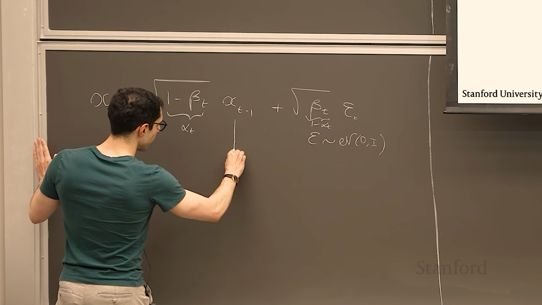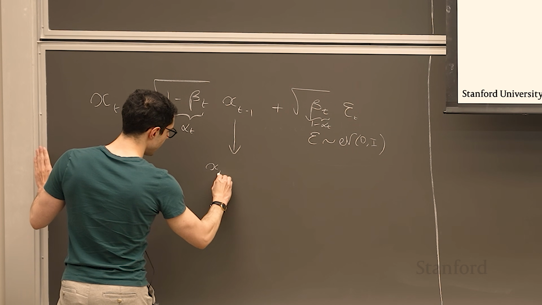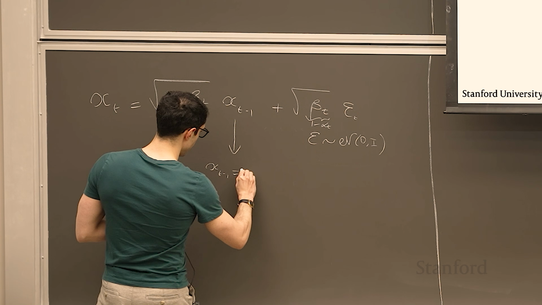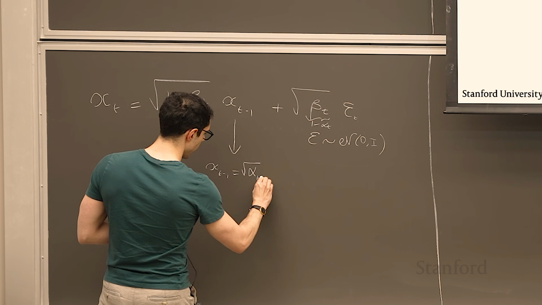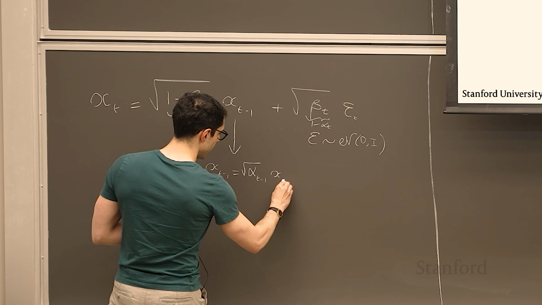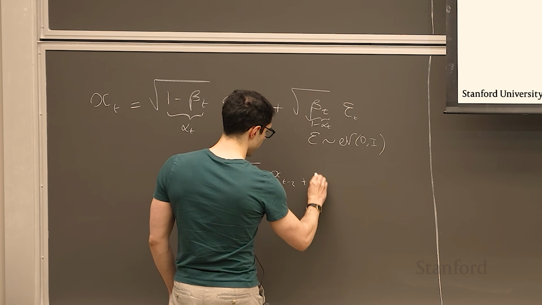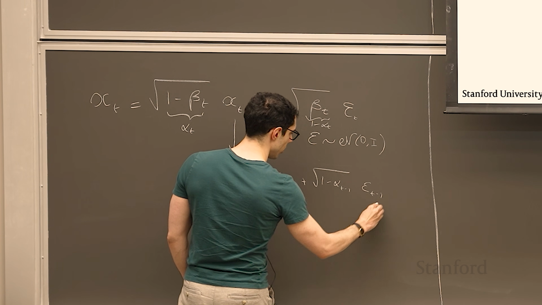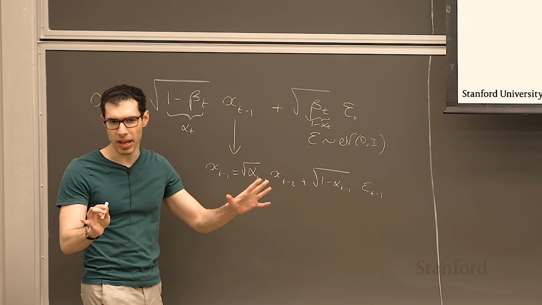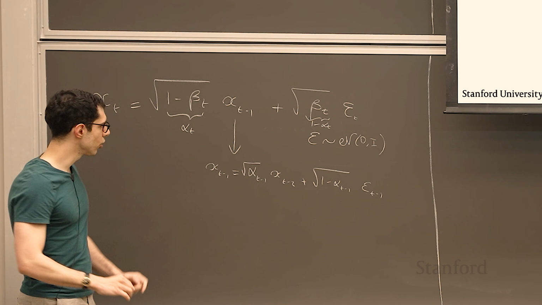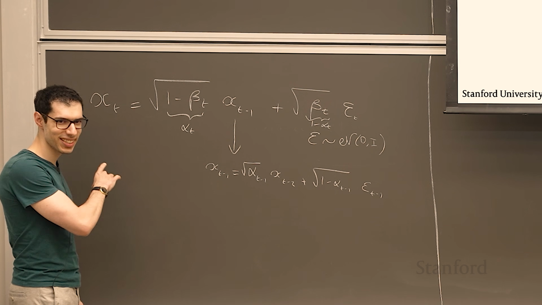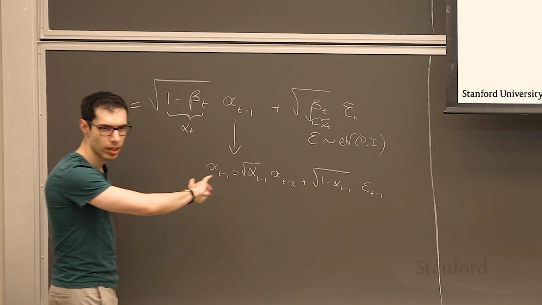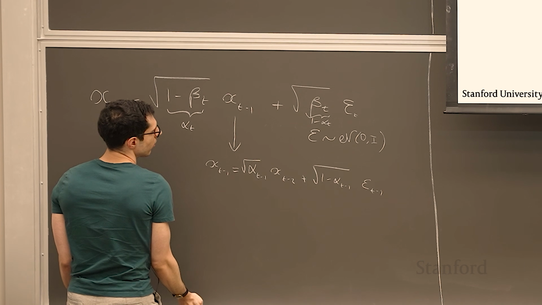What we're saying is x t minus 1 we can also write with the same formula, which will be equal to square root of alpha t minus 1 times x t minus 2, plus square root of 1 minus alpha t minus 1 times another Gaussian epsilon. These noises are independent. So if you were to express x t as a function of x t minus 2 and the epsilons, what would you do?